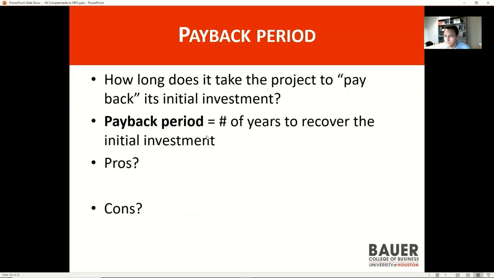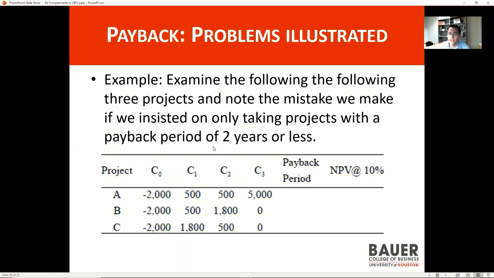So here we've got 3 projects, A, B, and C, and we've got the following cash flows at time 0, time 1, time 2, and time 3. Project A has an outlay of 2,000 at time 0, then a 500 inflow, a 500 inflow, and a 5,000 inflow at time 3. Project B also has a 2,000 outflow.